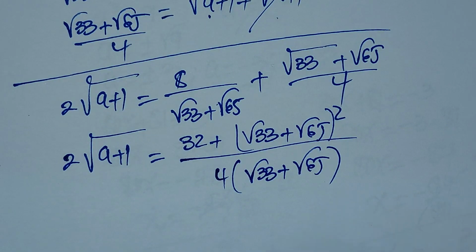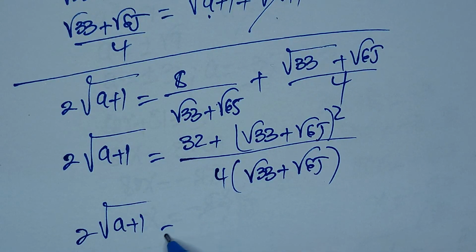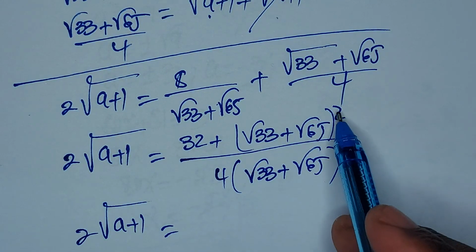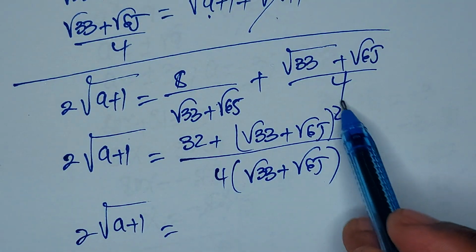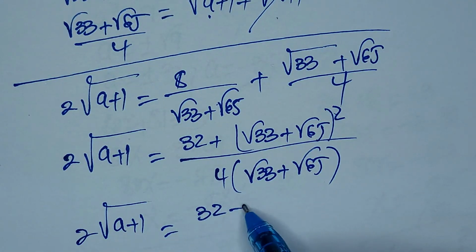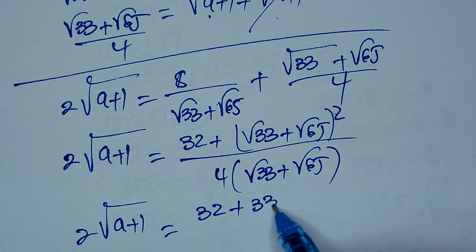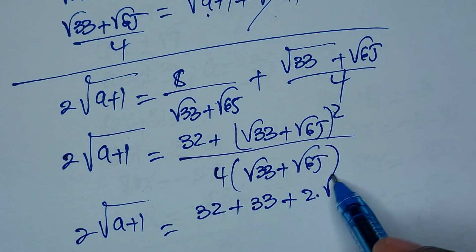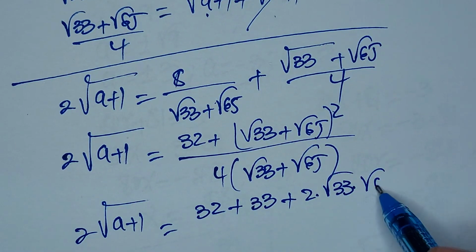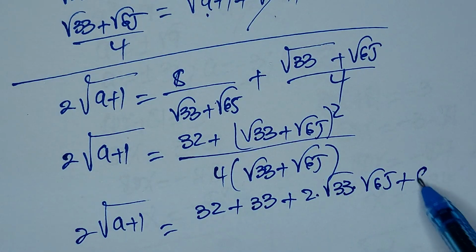Okay guys, and then this is going to be 2 square root of a plus 1, and taking this power off, we're going to have 32 plus 33 plus 2 times square root of 33 times square root of 65 plus 65.